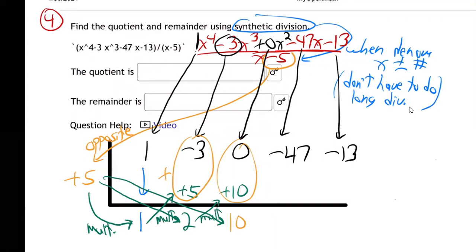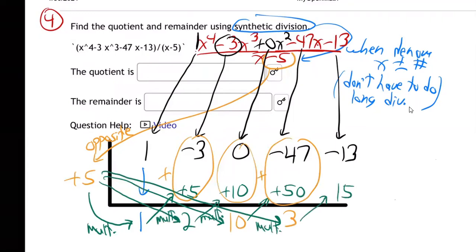Multiply. 5 times 10 is plus 50. Add them up. What's that, 3? Yeah. And then 5 times 3, multiply again. 5 times 3 is 15. Add them up. 15 plus negative 13 is plus 2. That's the remainder. The last number is the remainder.